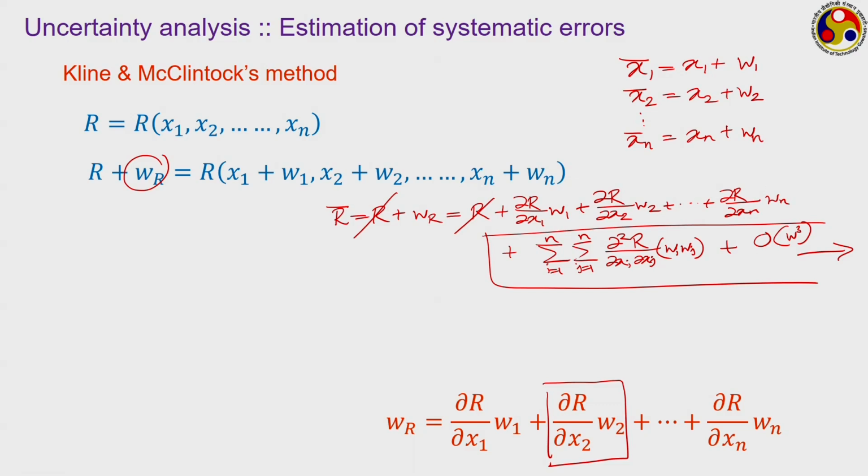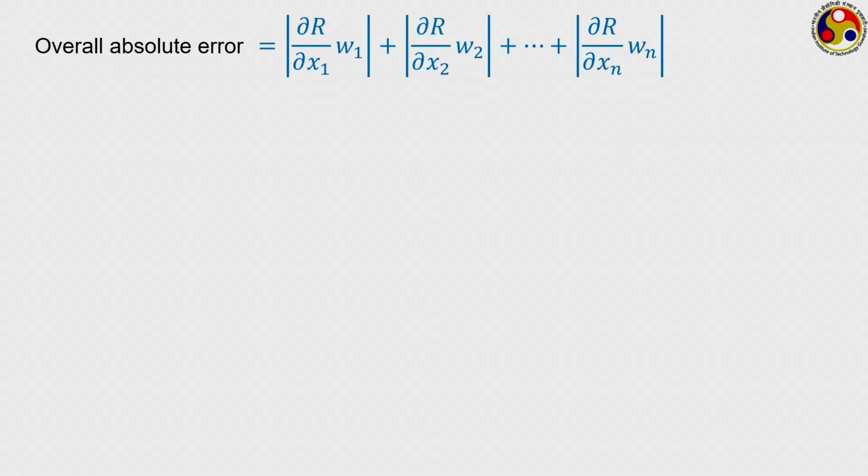Like the variable xn can impart this much error, the product of its sensitivity and its corresponding uncertainty, and from there we get the overall absolute error, which can be considered as the summation of the absolute value of each of these contributions, each corresponding to the product of the concerned sensitivity and uncertainty.